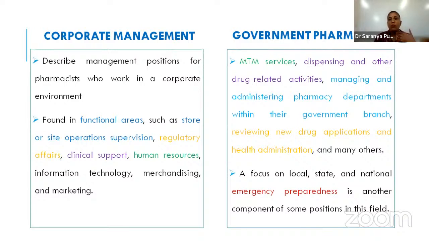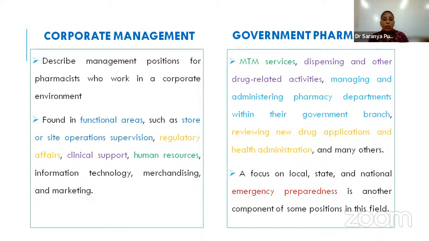You can screen the patient for an adverse reaction, for a drug-drug interaction. Everything could be done in a government pharmacy. You could also be involved in managing and administering pharmacy departments within the government branch. You can review new drug applications and health administration, and many other roles are there for a pharmacist in a government pharmacy.